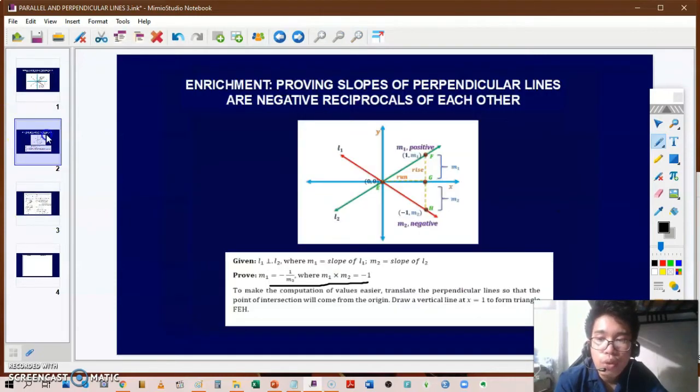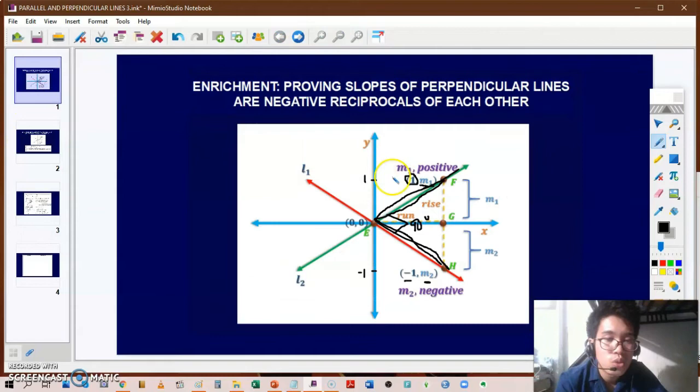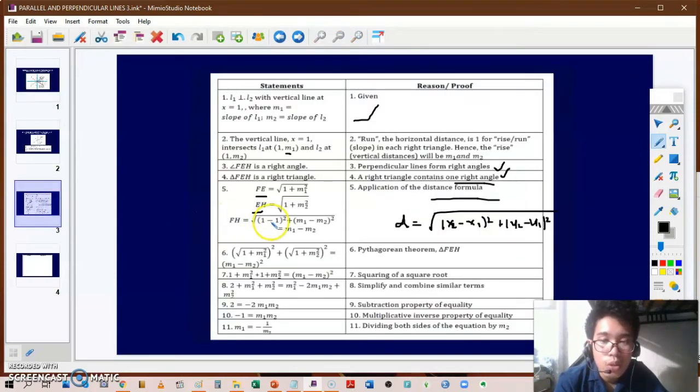To do that, we can solve for the distance between points F and H. That line segment is equal to the square root of (1 minus 1) squared plus (m sub 1 minus m sub 2) squared, which is essentially equal to m sub 1 minus m sub 2. So line segment FH is equal to m sub 1 minus m sub 2.